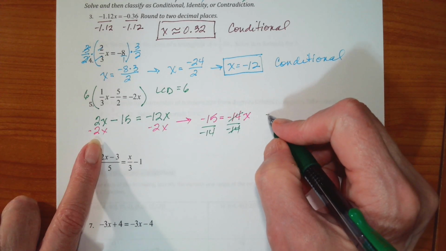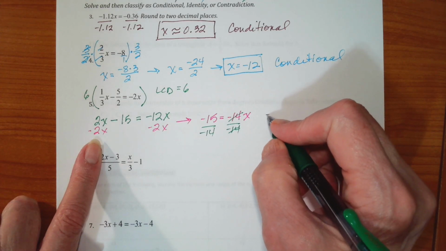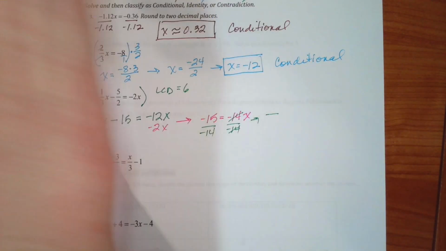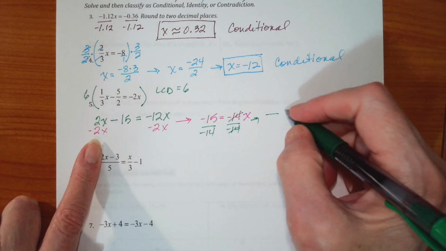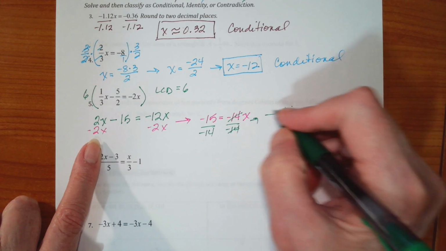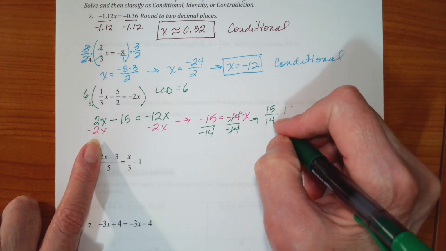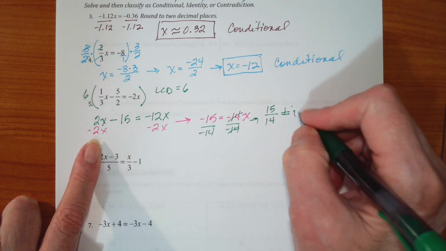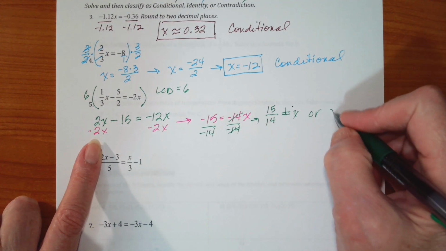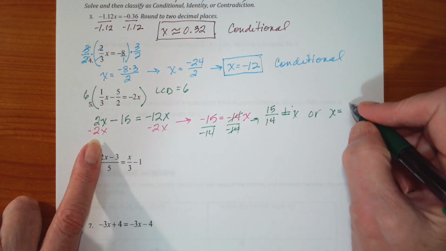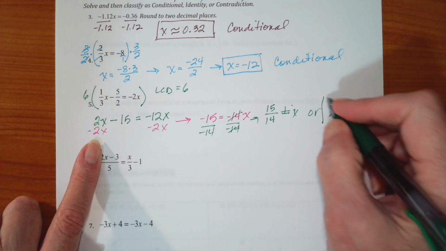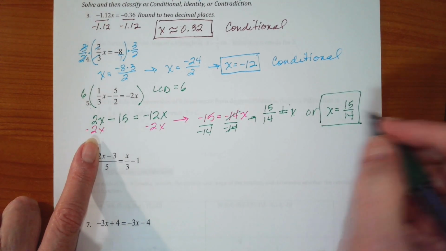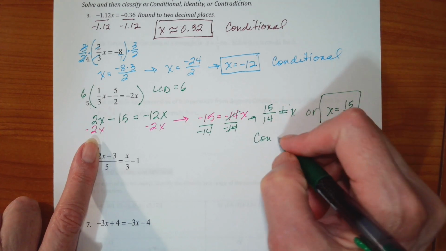Negative divided by negative is a positive, so 15 over 14 is equal to x, or x is equal to 15 over 14. Since we found a value of x that makes it true, that makes this conditional.